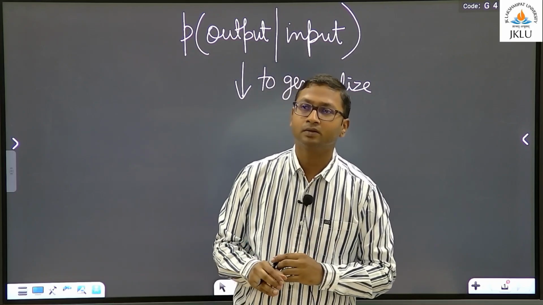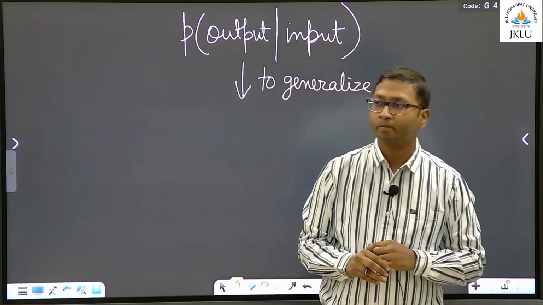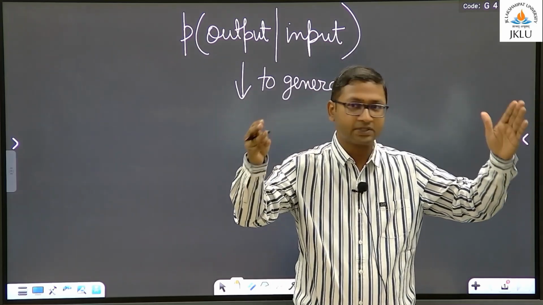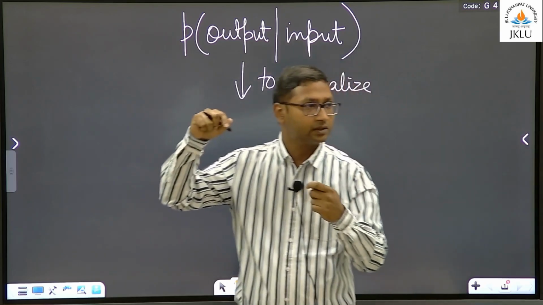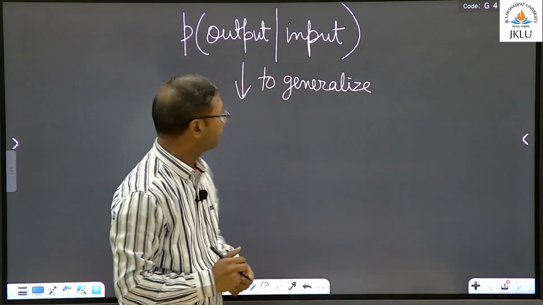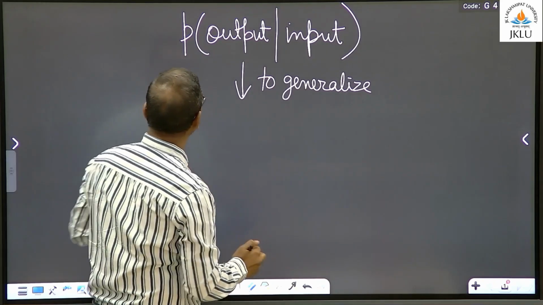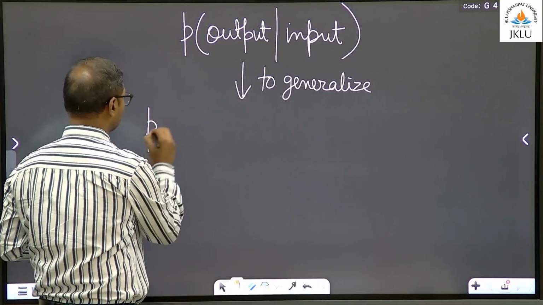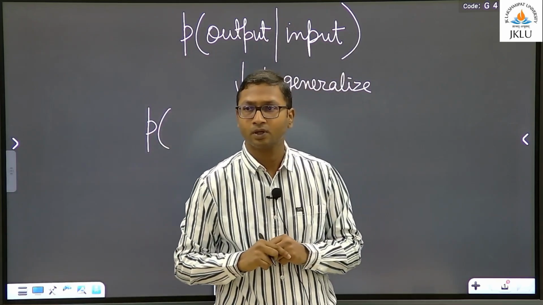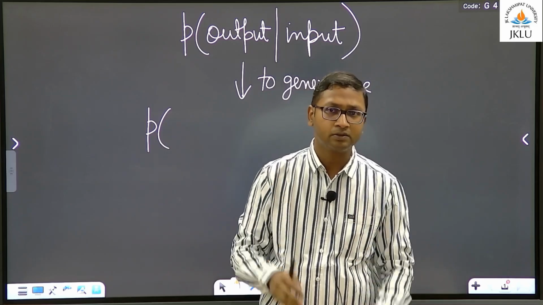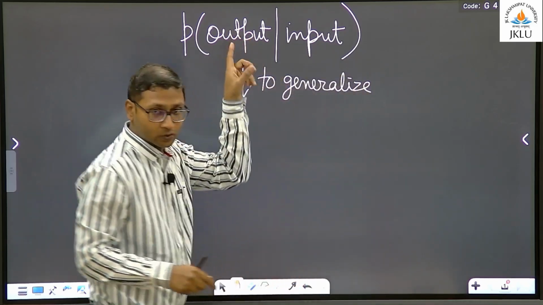Yes, because whatever sentence I am generating, I generate it with some probability. I could have generated something else as well. So, to generalize, what should happen? I should compute probability of output given input. Right now this is task specific.